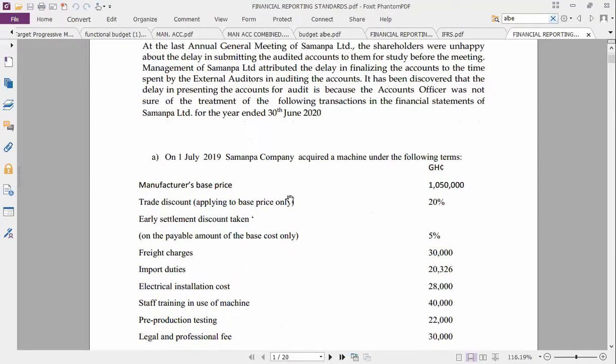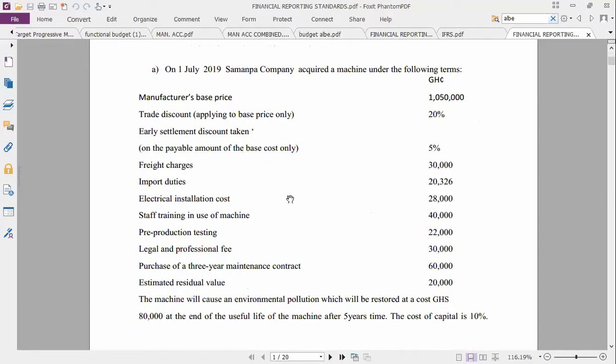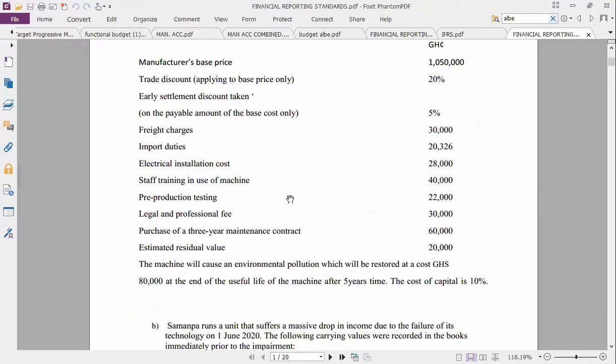Item number one. On July 1st, 2019, Samampa Limited acquired a machine under the following terms. When we see something like this, what comes to mind first is how to obtain the cost of this item.